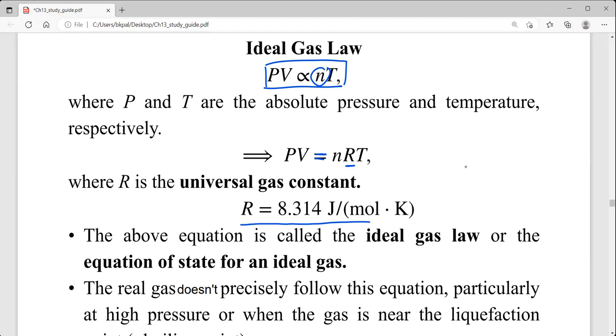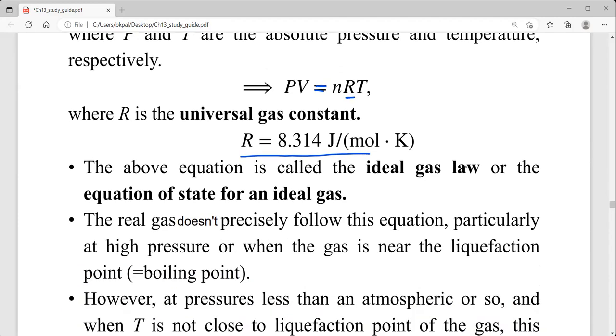The restriction is we cannot use this when pressure is too high or the temperature is close to the boiling point.